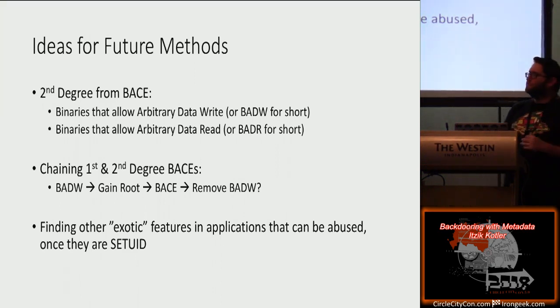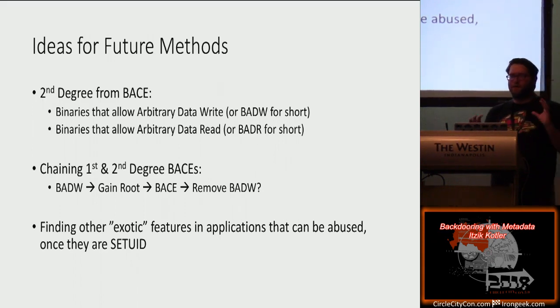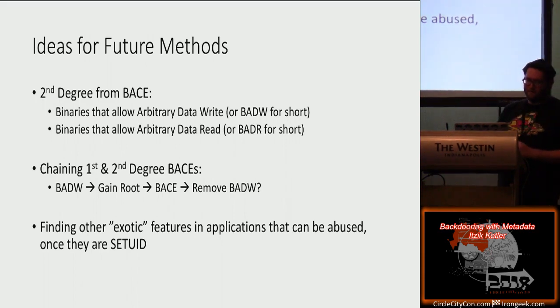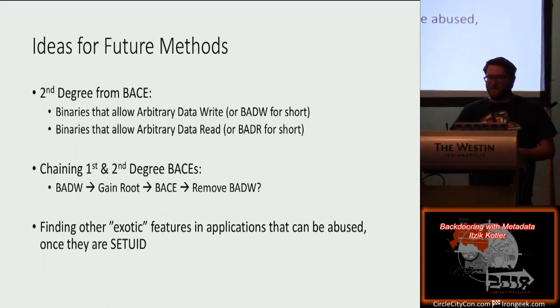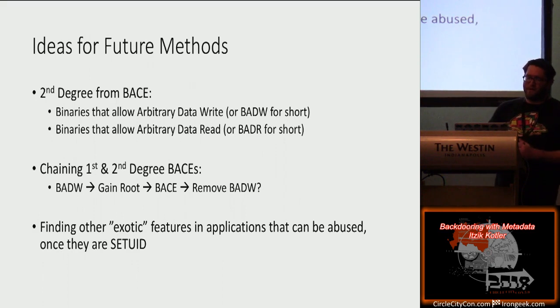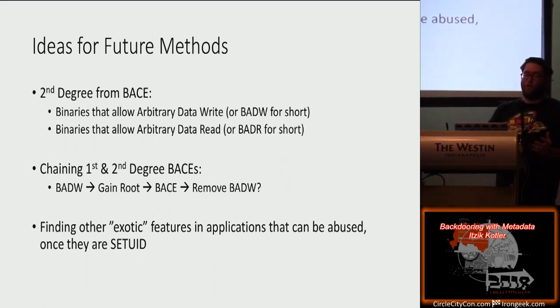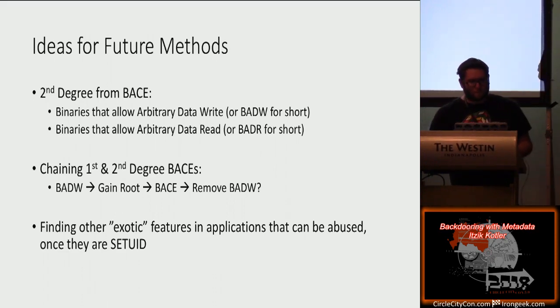And then we can remove the write binary, the first way that we got in. So as you can see, we can play with this and composite some fairly complex scenarios. And of course, there are other exotic features that might not end up on the list, maybe something to do with hardware capabilities, or something that, once the file has been escalated, involves an application or network. There's also an open idea from here.